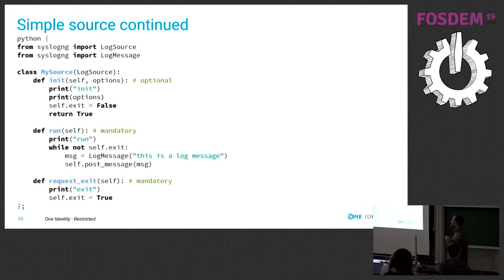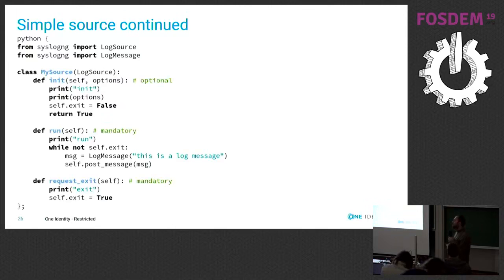And here is the actual Python code for the Python source. This source simply generates log messages like crazy as long as syslog-ng is running, so it's an easy way to fill up your hard drive quickly.